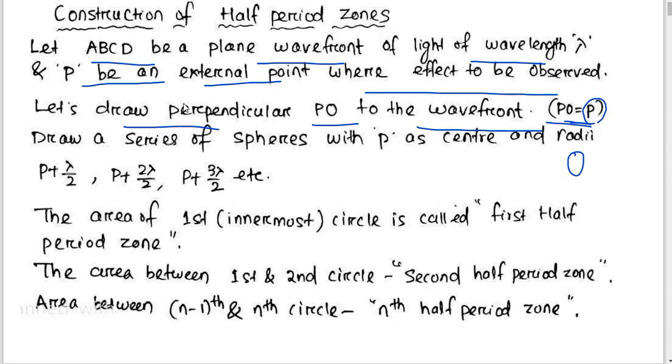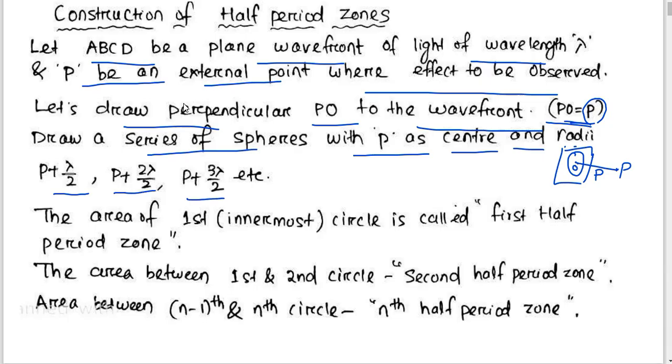In the figure, this is the plane, this is the center, and from P we draw the normal PO, of length p. Then we draw a series of spheres with P as center and radii p plus lambda by 2, p plus 2 lambda by 2, p plus 3 lambda by 2.